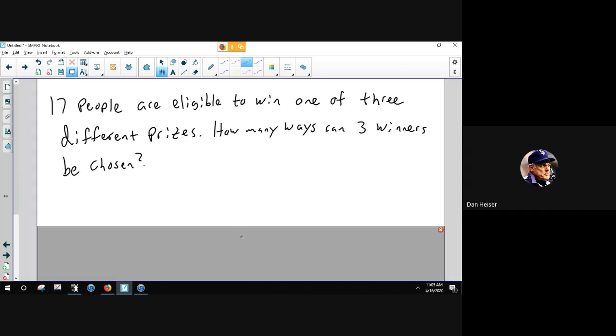That's how you determine if order matters. Here the key word is different. The first prize is not the same as the second. So it matters who's chosen first, second, third. This is nPr. 17P3.